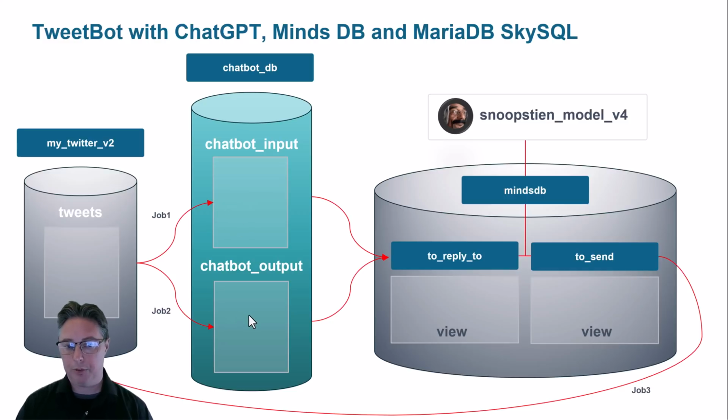The output table is really going to be the tweets that Snoopstein has sent himself, or themselves, I guess, since it's a bot. Then we'll create some views in MindsDB to queue up stuff that we want to reply to and things that we want to send for the system to process. And then we'll automate those with jobs, and we'll come back to what that means in just a moment.